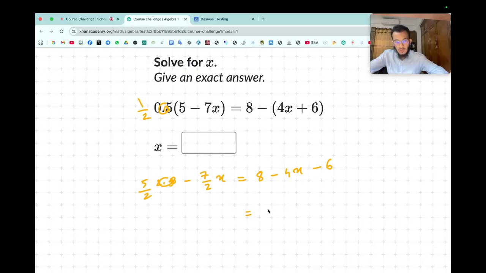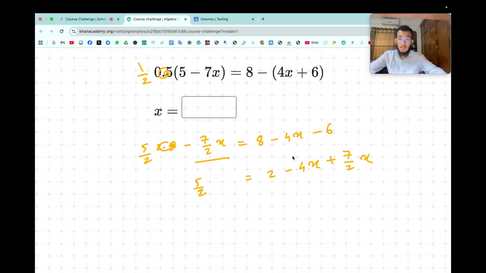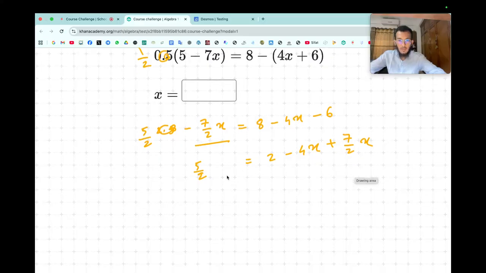So 8 minus 6 is 2 minus 4x, and plus 7/2 x, 5/2. So basically I bring this one here by adding plus 7/2 x to both sides. Okay, so it was negative 7/2 x, and this becomes positive 7/2 x. So if I change this to here, 5/2 minus 2 equals 7/2 x minus 4x.